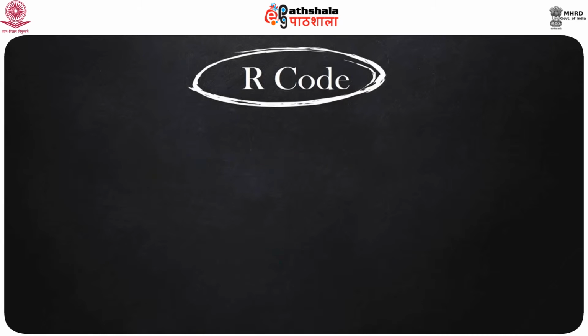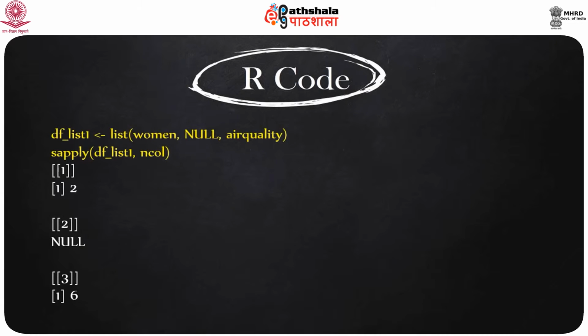But let us consider another list which contains the data frames women and airquality, but also carries a null data frame. So here is our list that we have given here, and we are naming it as df_list1.